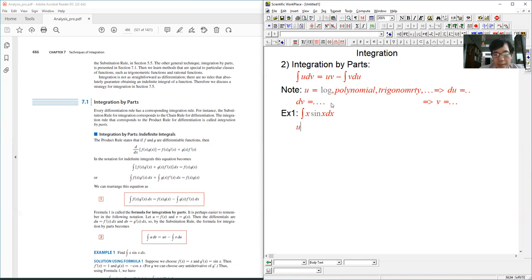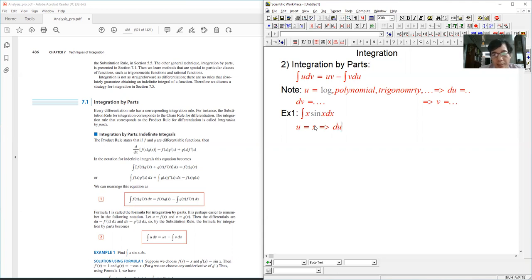We could set the priority to put logarithm first, but there is no logarithm in this integral. So we will choose the polynomial, that is u equal x, and you find the derivative of x.